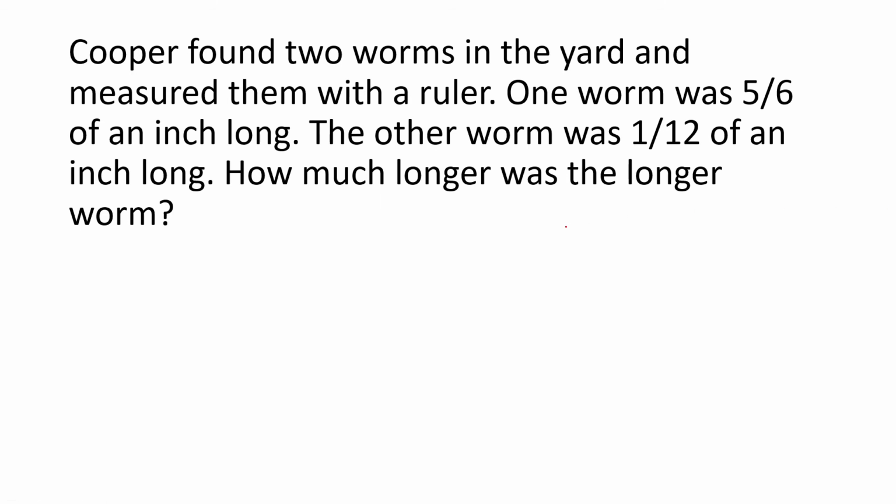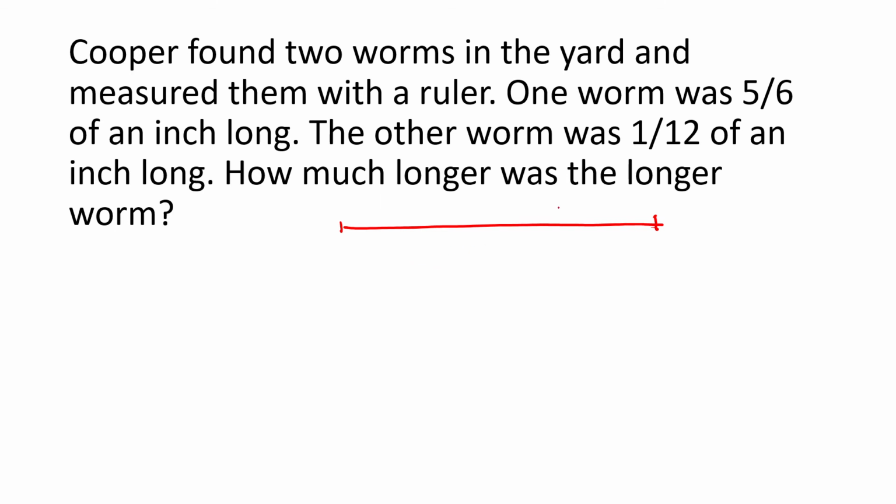Well, first of all, we need to figure out which is the longer worm. Imagine an inch. If you cannot imagine, you can look at the screen. Pretend this is an inch. This is not an inch, but imagine it is.